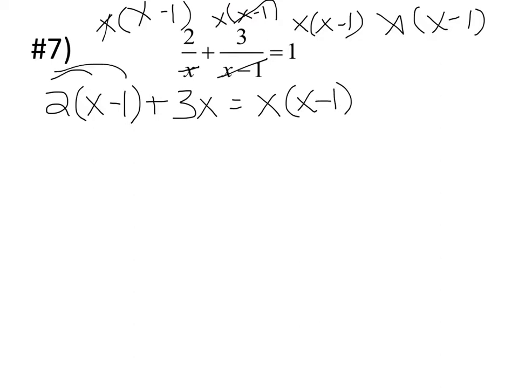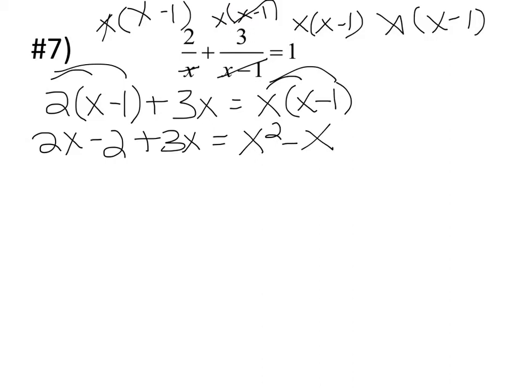Now I'm going to distribute: 2x minus 2 plus 3x equals x squared minus x. X squared is a dead giveaway I'm going to have to factor. So I'm going to go ahead and move everything to one side. Actually, scratch that.